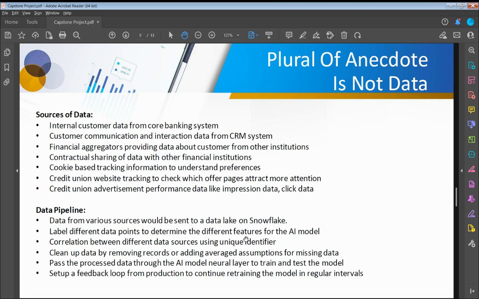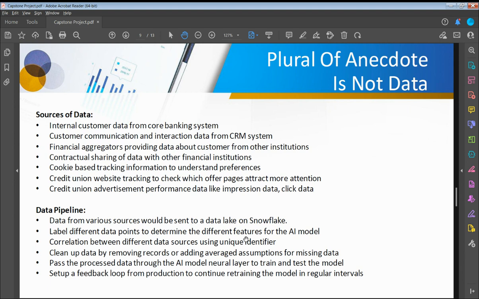So we'll be gathering that information from those CRM systems. We would also be getting financial aggregators' data, which will provide data about the customer from different institutions. And if we have any contractual sharing of data with other financial institutions, we are going to get that data as well for the particular customer.